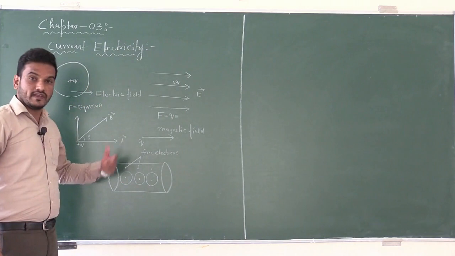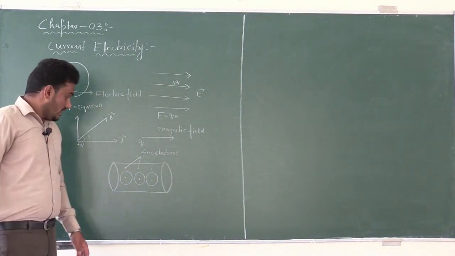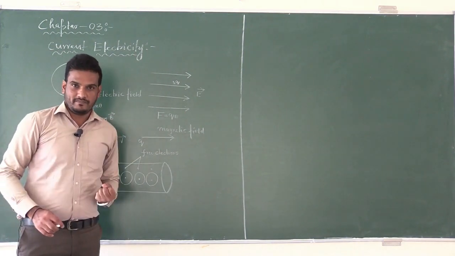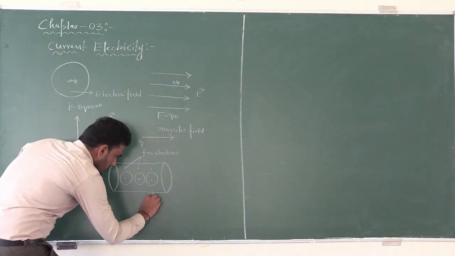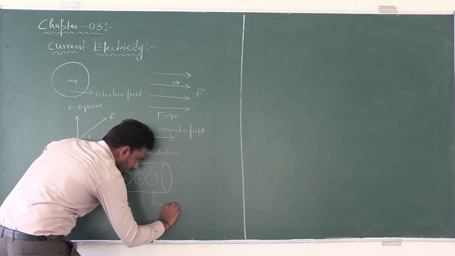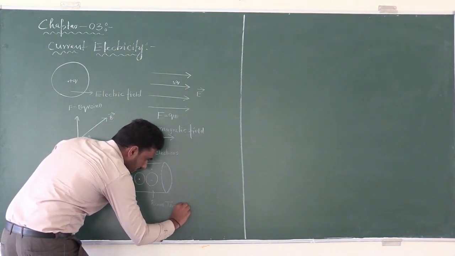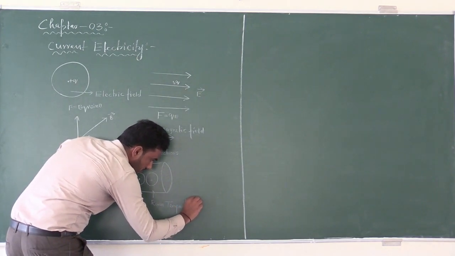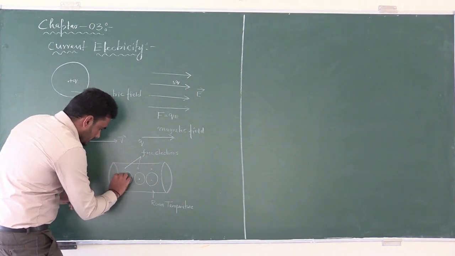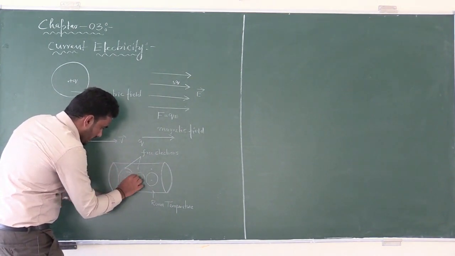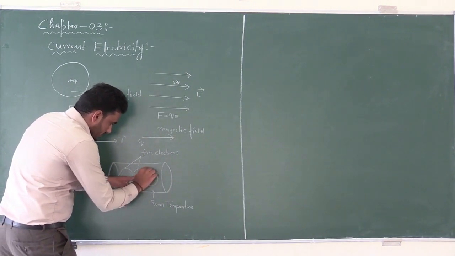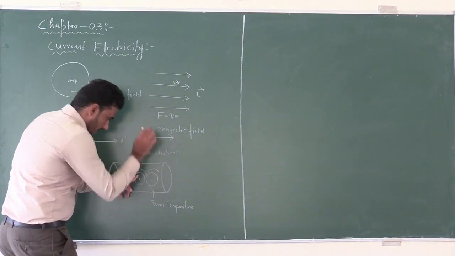How do they become free? Due to room temperature, they acquire some amount of energy. Suppose this is the outermost orbit of this atom.